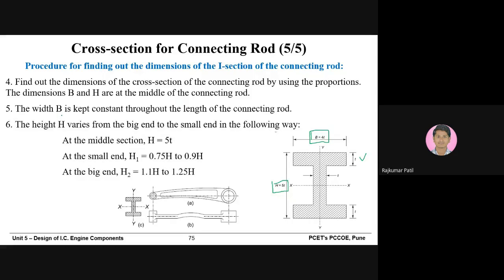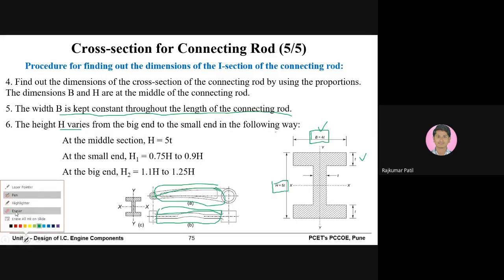The width B is kept constant throughout the length. So this is very important. See, this is the length of the I section, and throughout the length, the dimension B is kept constant. So you can see the B is constant throughout the length. The height varies. Here you can see at one end.